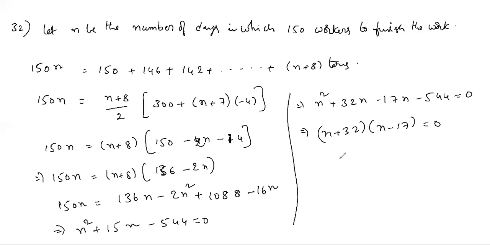So the n value is 17 as a natural number, as n is not a negative number of days. So the required number of days is total 17 and 8 more days. So total 25 days required to finish the work.